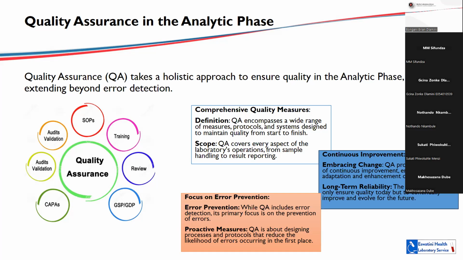Focus on error prevention. While our QA includes error detection, its primary focus is on the prevention of errors. Prevention, we always know, is better than cure. So if we have a robust QA, it will make sure that errors are prevented.